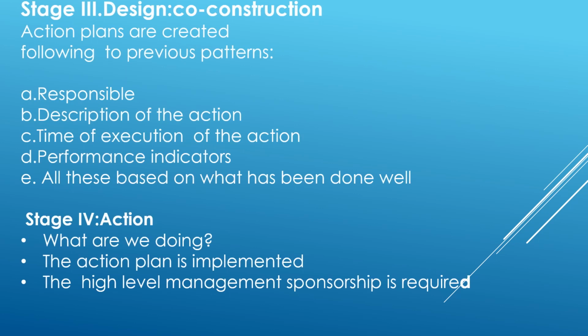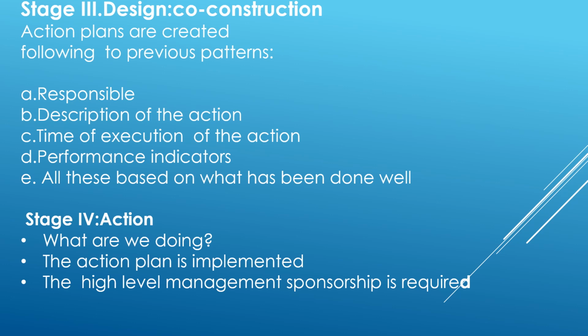The third stage is the design or co-construction. Action plans are created, following the previous patterns. So what you do is you assign a person responsible, and you have a description of the action, time of execution of the action, performance indicators, and all of this is based on what has been done well.